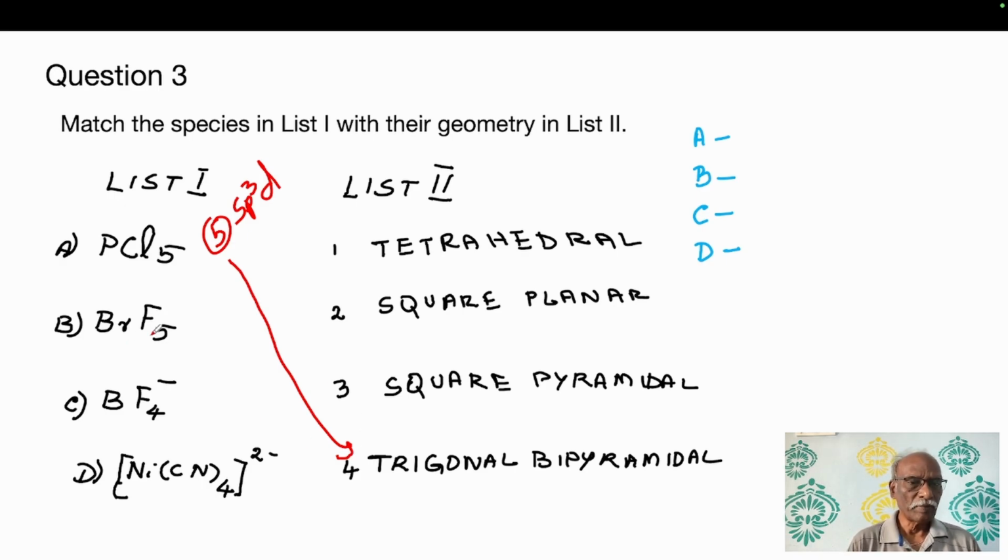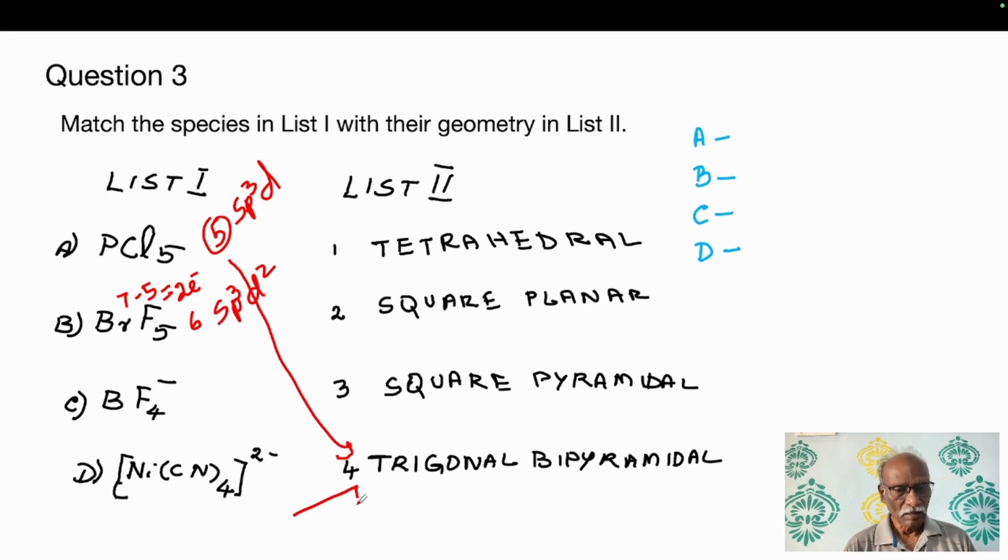Next, bromine pentafluoride. Bromine is in the 17th group. There are 7 electrons. Out of the 7 electrons, 5 electrons are used. Then we have 1 lone pair, 2 electrons left. The 1 lone pair with 5, altogether 6. So 6 means sp3d2, octahedral. But one lone pair is there, no. How to draw here?